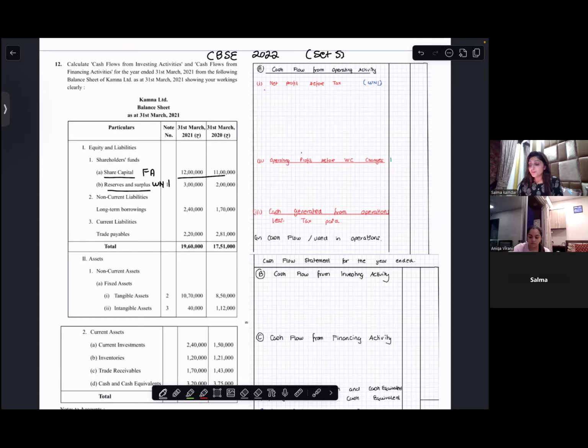From your reserves and surplus, what is your working note number 1? Net profit before tax. So you have your closing minus opening, the statement of profit and loss, and any transfer to reserves, again closing minus opening. So anything that is over here is related to working note number 1.